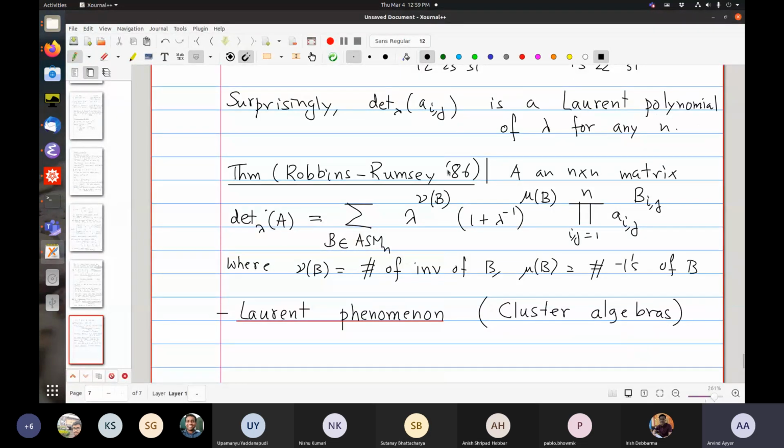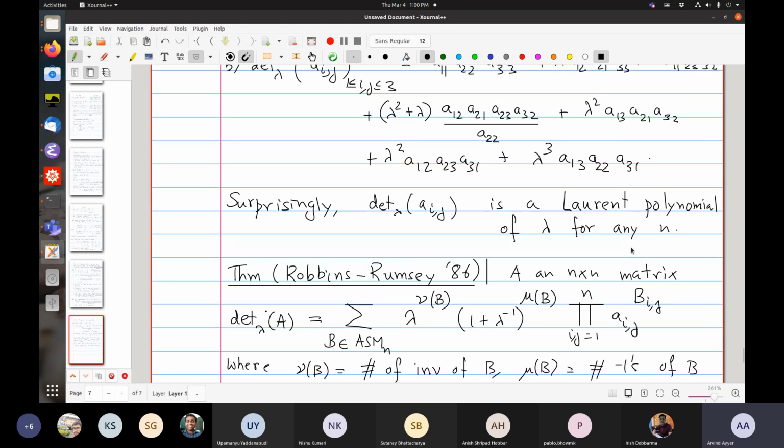So when Robbins and Ramsey found this expansion, they said, this is so analogous to a permutation expansion of the determinant, the Leibniz expansion, that let's just see how many objects there are here, and that's what started this whole story.